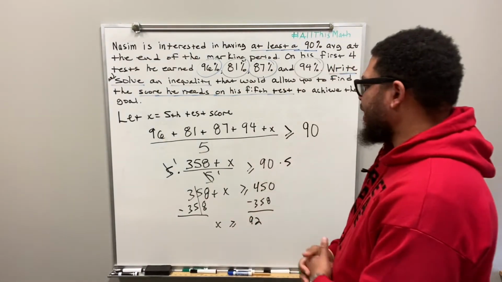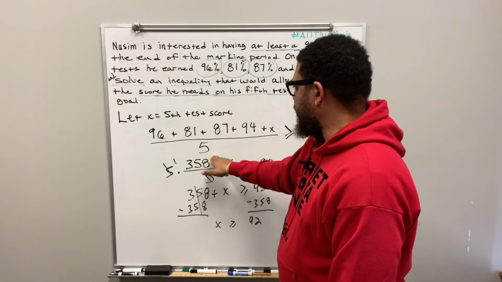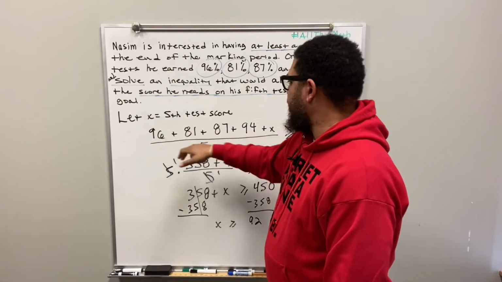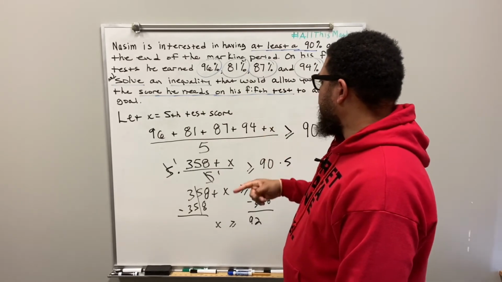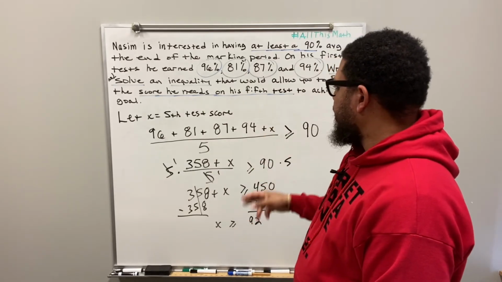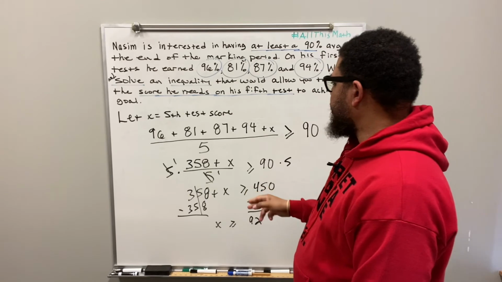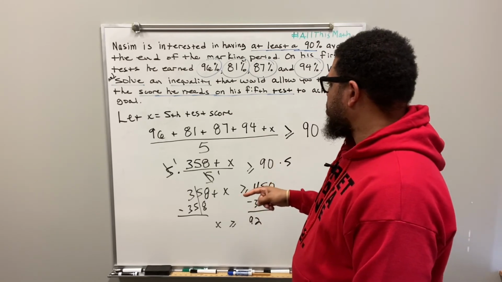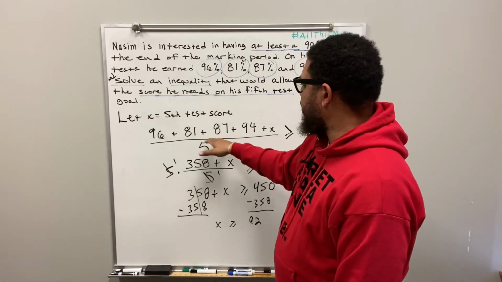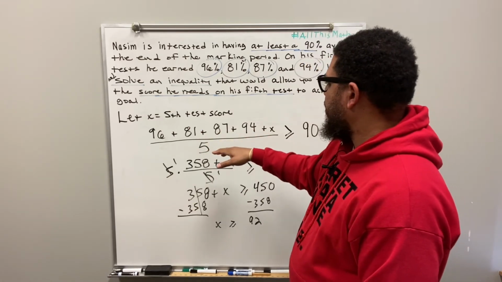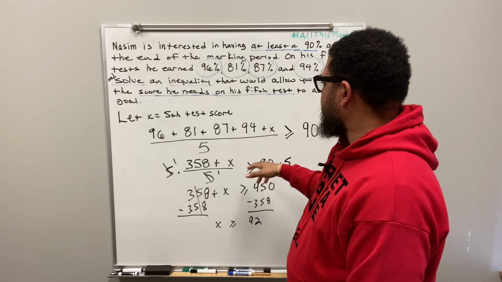That's one thing I want to look at. I want to make sure my math is right on this, like this 358. Let me just make sure. So 90 and 90 is 180. 80 and 80 is 160. 180 and 160, that's 340.